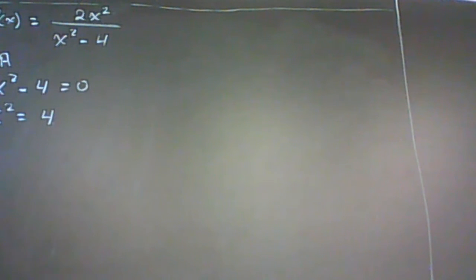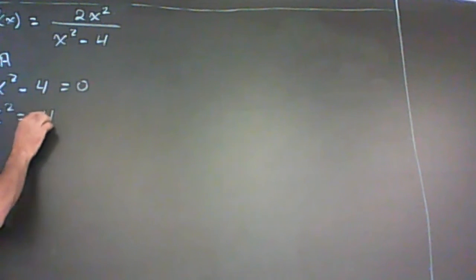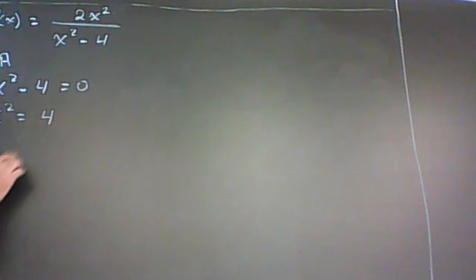So when I square x and I get 4, what could the value of x be? Only 2? Minus 2. And minus 2. Notice when you take the square root on one side, you always say plus or minus.